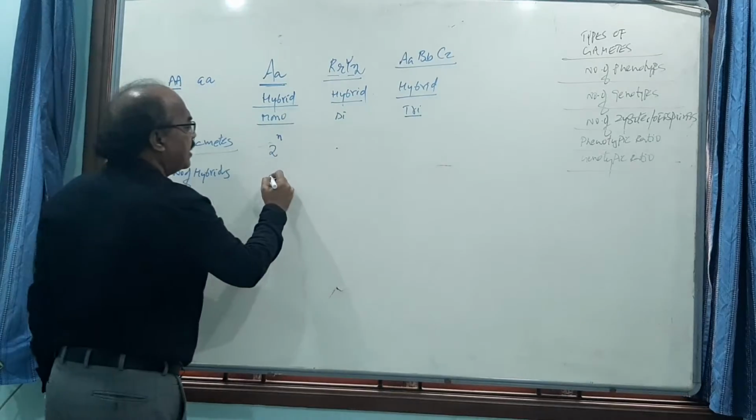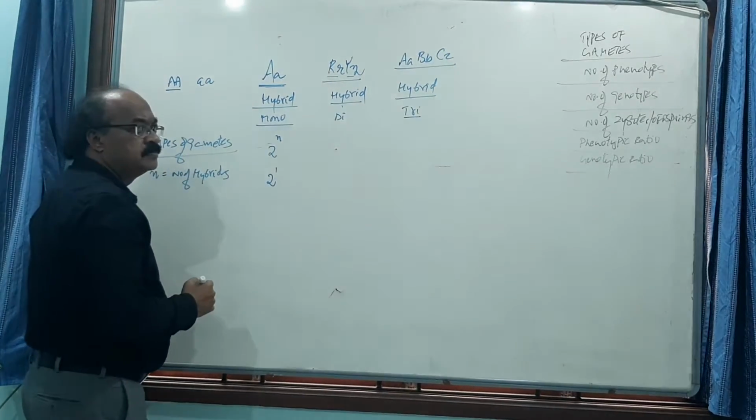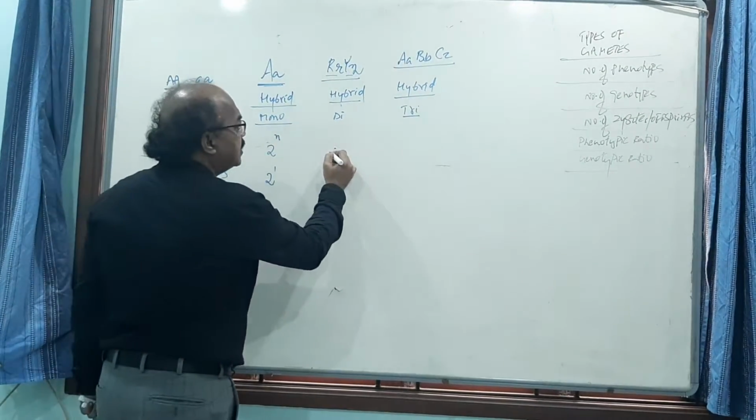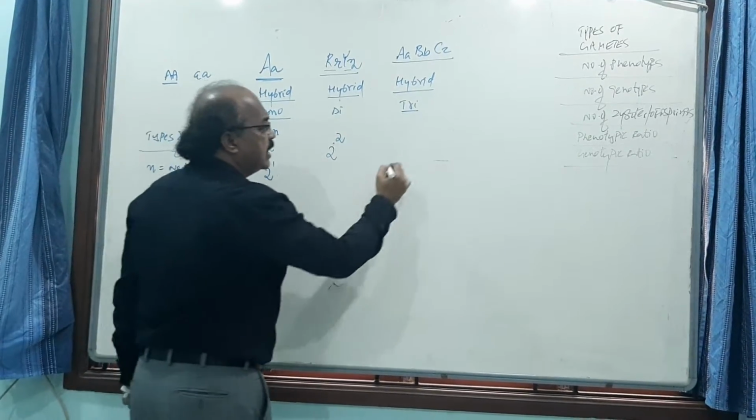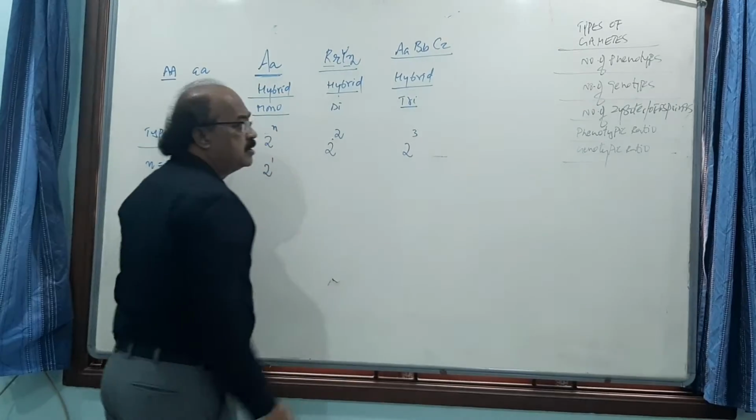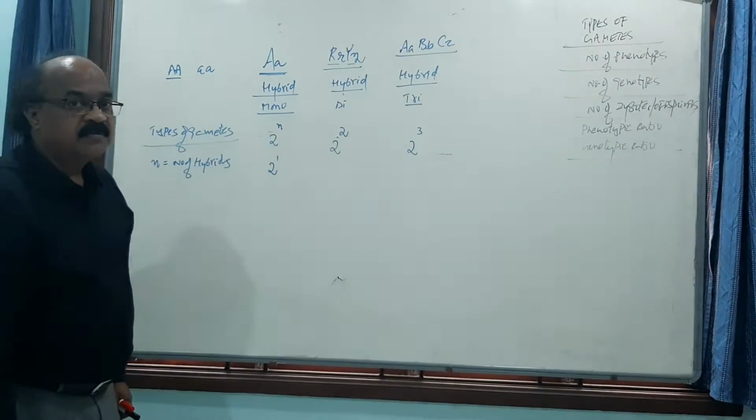Here is only one hybrid. Here it is dihybrid, 2 raised to 2. Here it is trihybrid, 2 raised to 3.